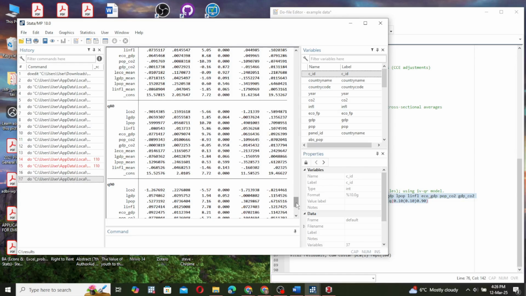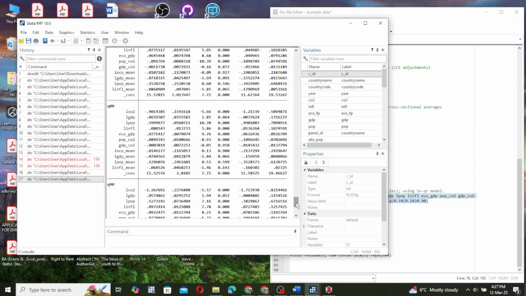I mean, carbon dioxide emissions have a negative effect on ecological footprint, which could be explained given that countries with high ecological footprint may also have been investing hugely in renewable energies, and that may offset the effect of carbon dioxide emissions.